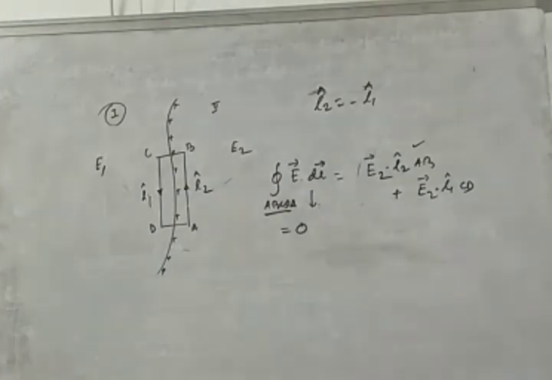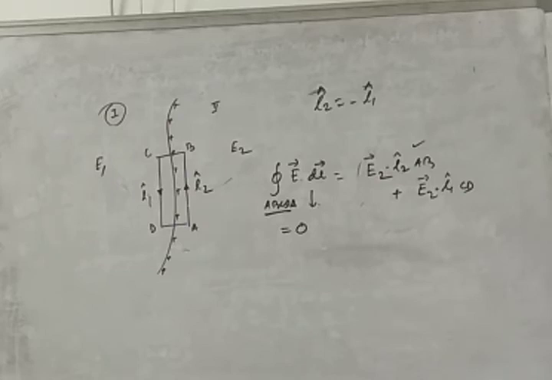This is our condition. And I think I have proved it. The work done around the closed path is equal to 0. This is the condition for any field to be conservative.